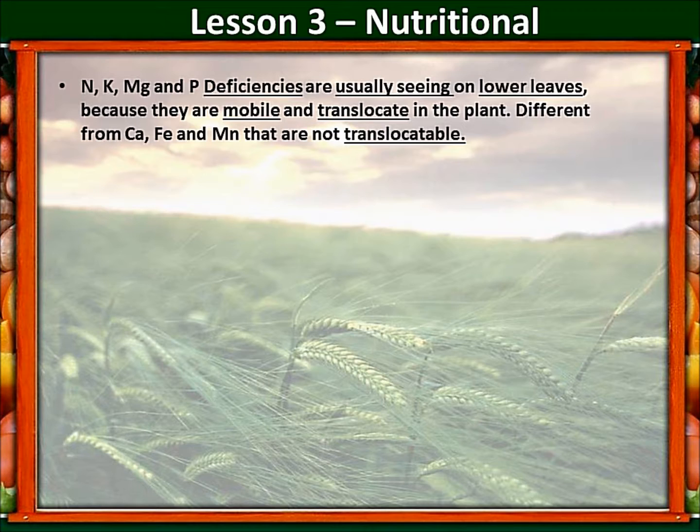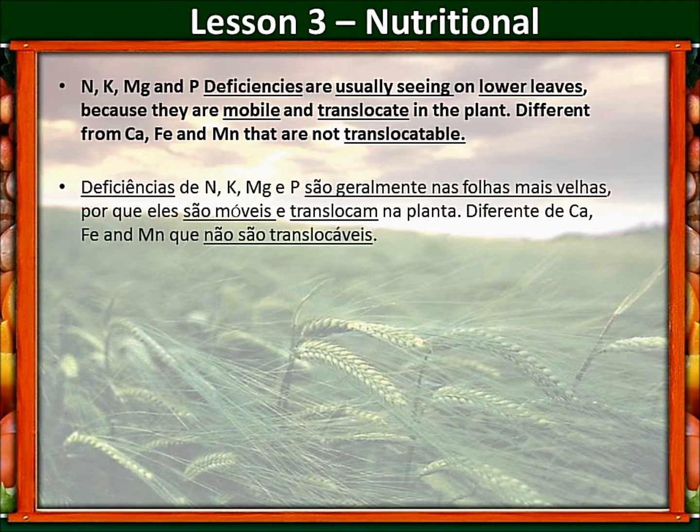Vocês têm que sussurrar igual eu, né, pessoal? Translocatable. Como é que vai ficar a tradução, então? Deficiências de nitrogênio, potássio, magnésio e fósforos são geralmente on lower, older leaves, nas folhas baixas, mais velhas, porque eles são mobile, são móveis, and translocam na planta.